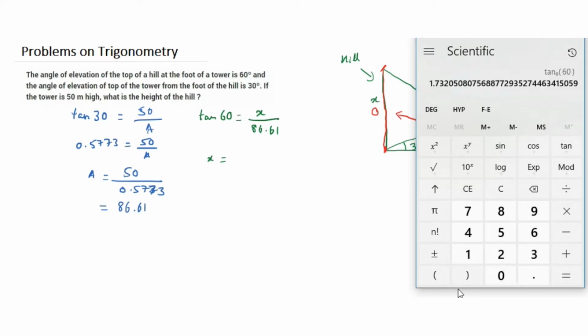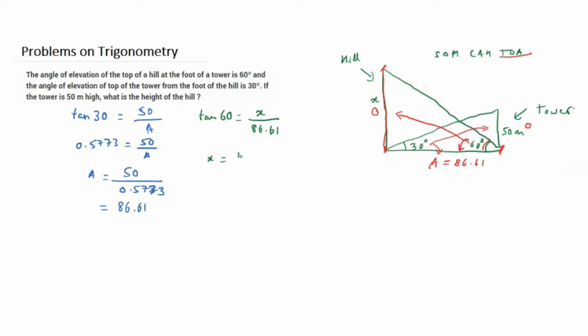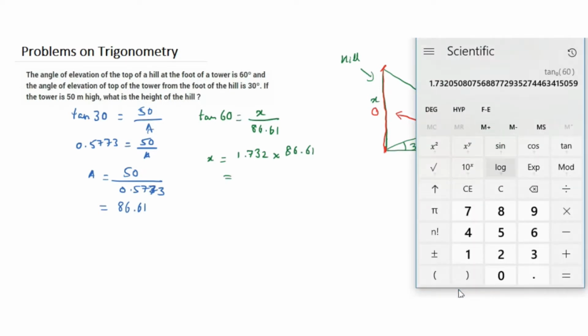Tan 60 is 1.732. So 1.732 times, we multiply both sides by 86.61.